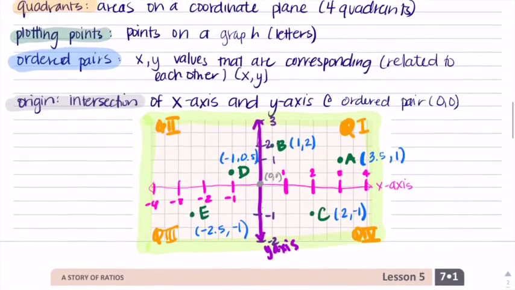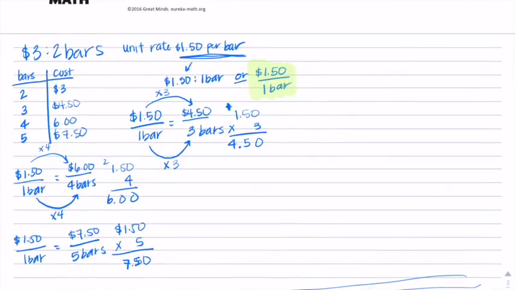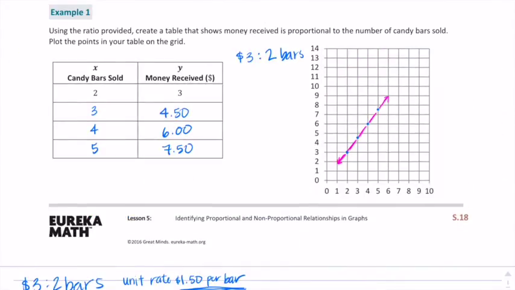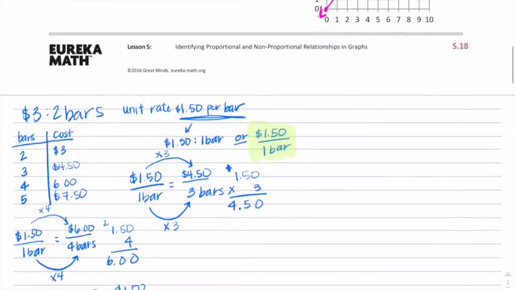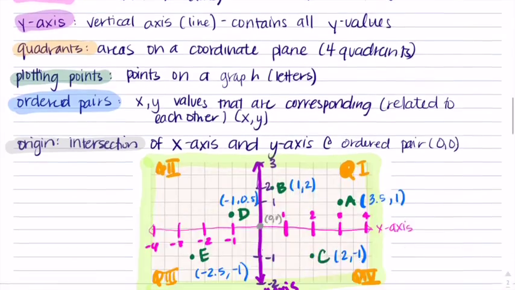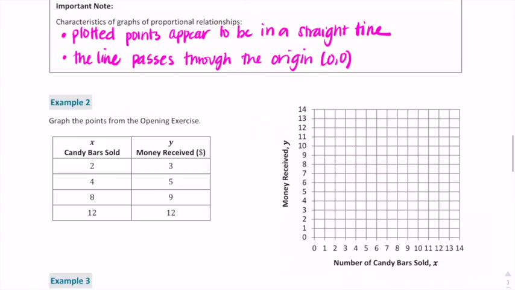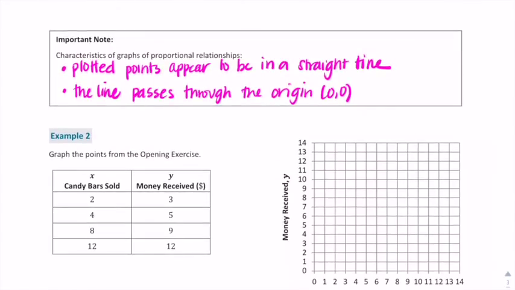Okay, so we should be able to see that this line, if extended, goes through the origin, which is here. Alright, it goes all the way through there. Okay, so that's what that means. So if we're looking for proportional relationships, it means that that line is going to go through the origin, which is 0, 0, and the plotted points appear to be in a straight line.